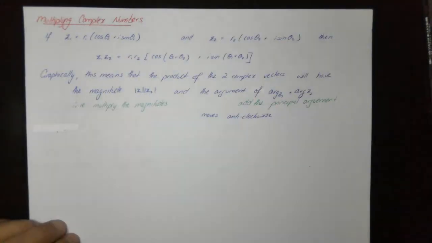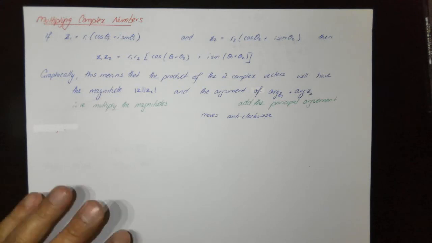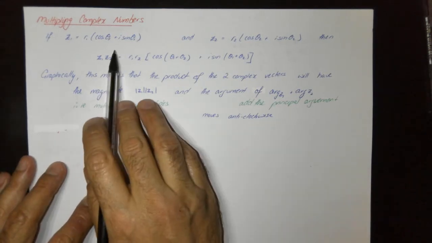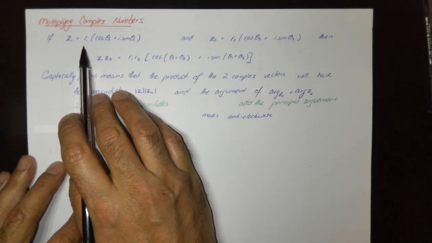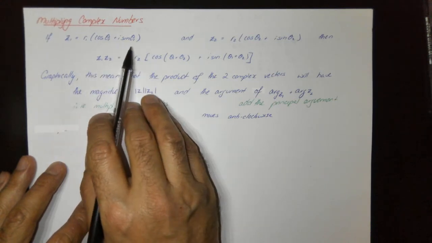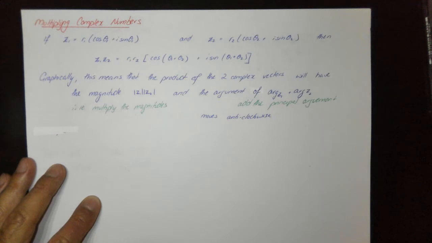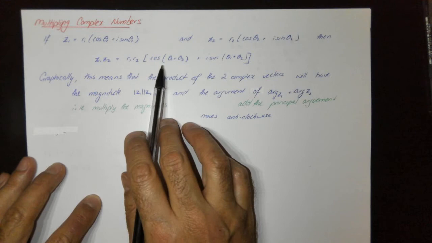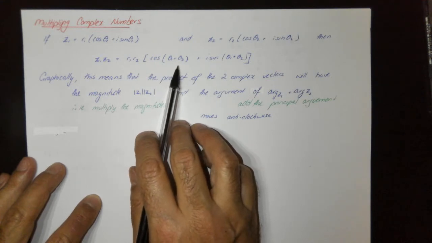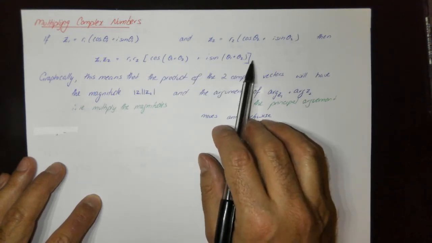Okay. So there's many ways to represent the complex numbers. We're going to do it in argument form. So if Z1 is R1 (cos theta 1 plus i sine theta 1), and Z2 is R2 (cos theta 2 plus i sine theta 2), then the product is R1 times R2 (cos of theta 1 plus theta 2, plus i sine of theta 1 plus theta 2).